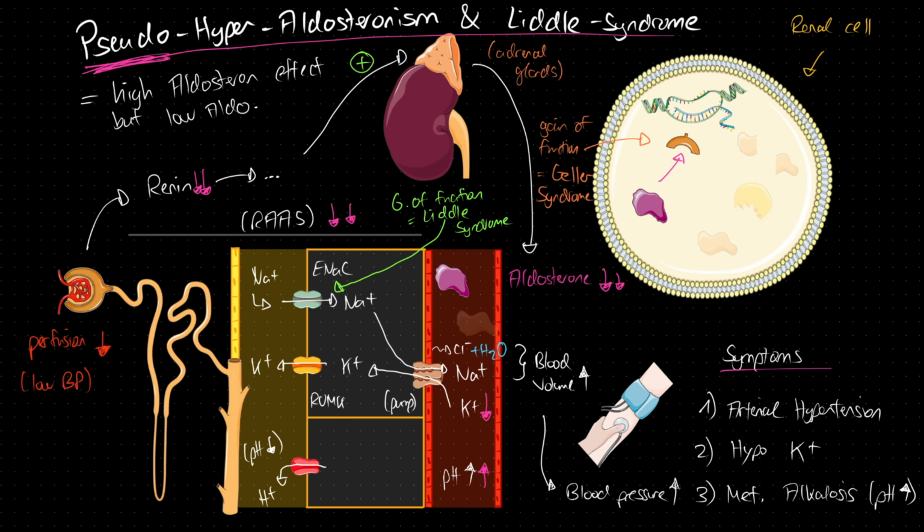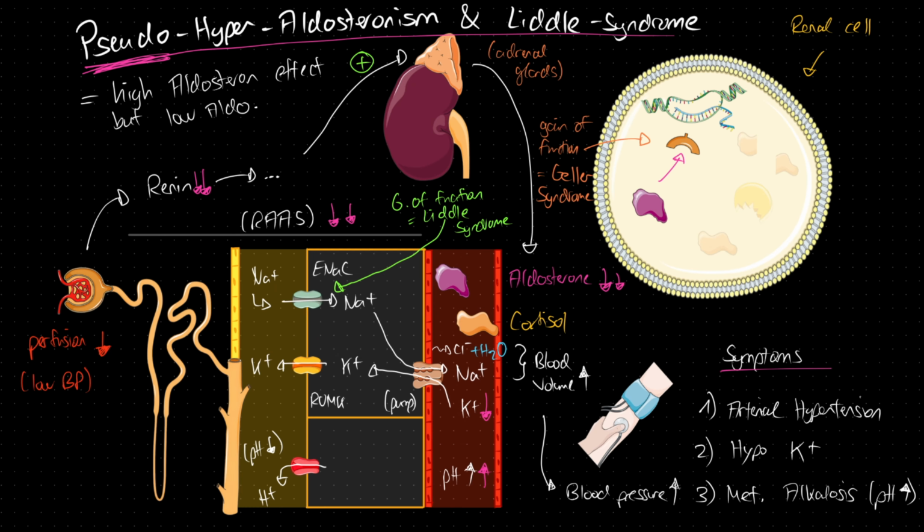Let's move to more causes then. For this, we go one step back to the adrenal cortex. Do you know which other hormones are produced there? Besides aldosterone, precursors of sex hormones are produced, but more importantly, the so-called stress hormone cortisol is produced. What does it have to do with pseudo-hyperaldosteronism?